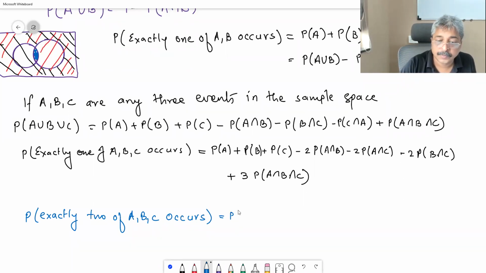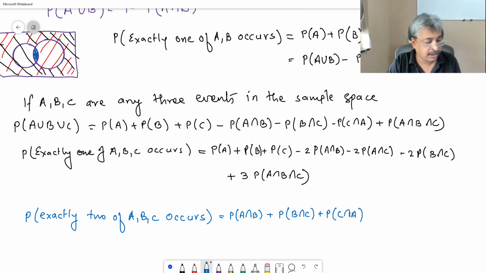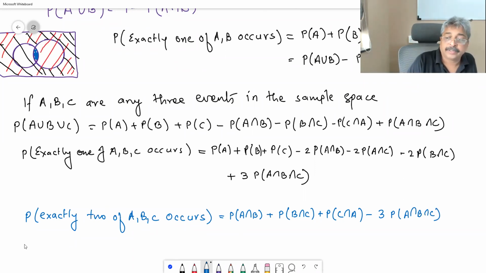P of A intersection B plus P of B intersection C plus P of C intersection A, these three are added, minus, because we want exactly 2, 3 times P of A intersection B intersection C. Okay.